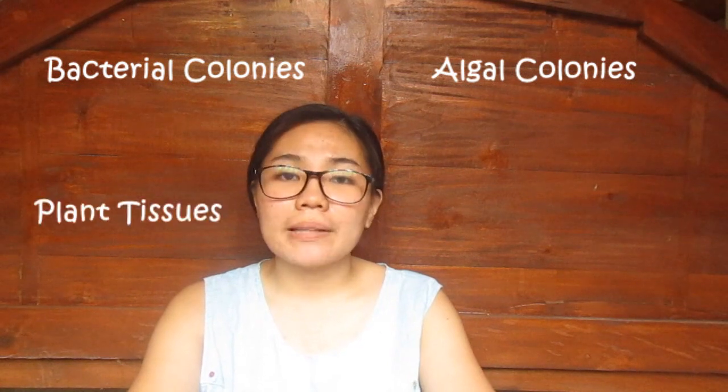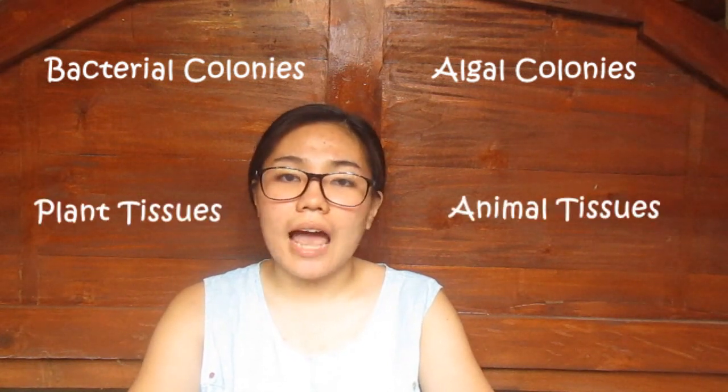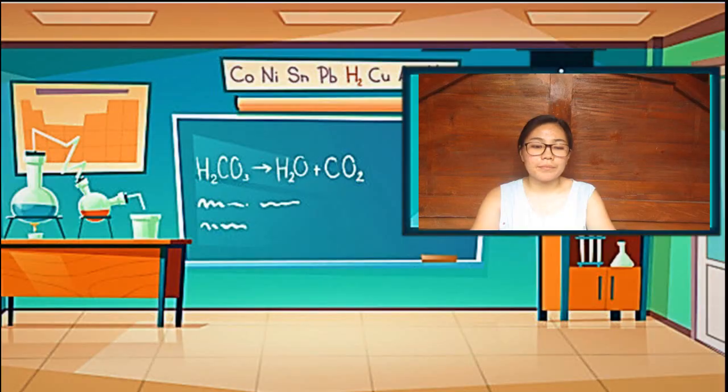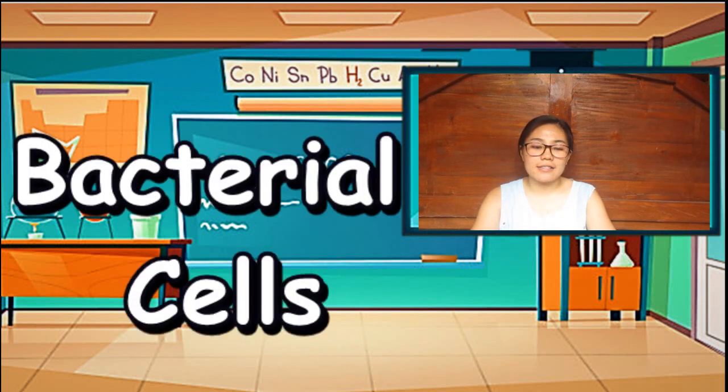In today's discussion, we are going to tackle and describe the differences of bacterial colonies, algal colonies, plant tissues, and animal tissues. First off, let's start with the bacterial cells.